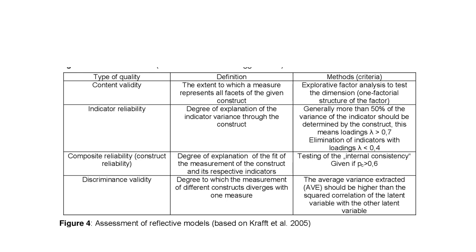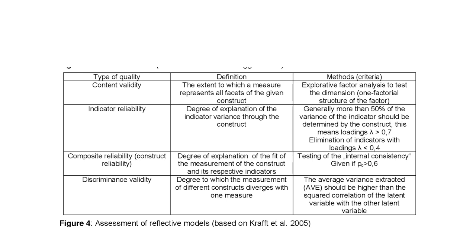Indicator reliability is the degree of explanation of the indicator variance through the construct. This indicator means basically the questions. So the indicator reliability is question reliability. You check these two reliabilities, the question reliability and the construct reliability.